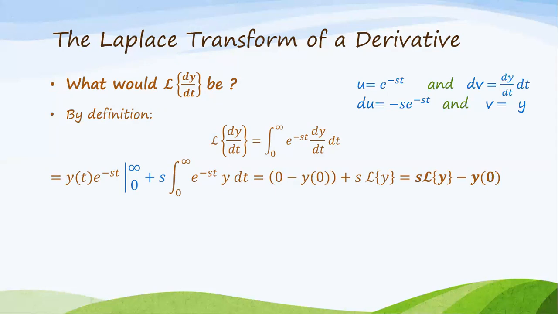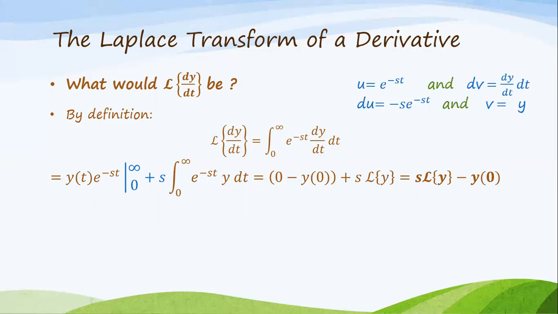Du is negative here, so minus minus the integral of v du essentially has a positive sign, and we'll take the s that's in the du and bring that out front, so that we get plus s times the integral of e to the minus st y dt, going between 0 and infinity.